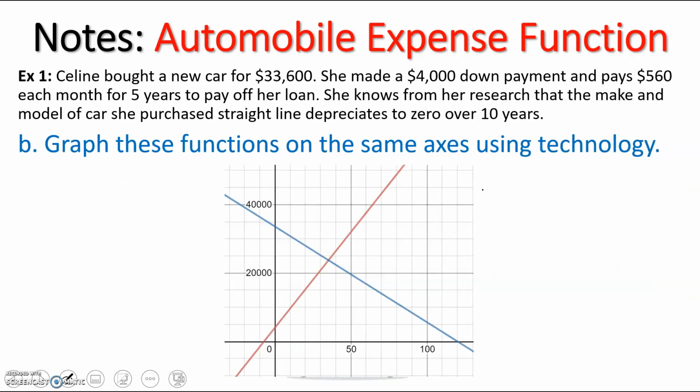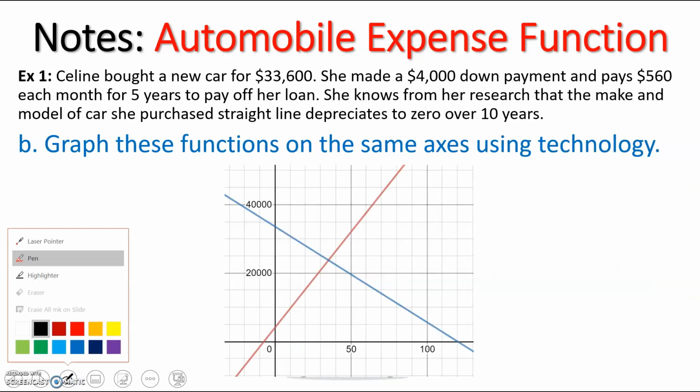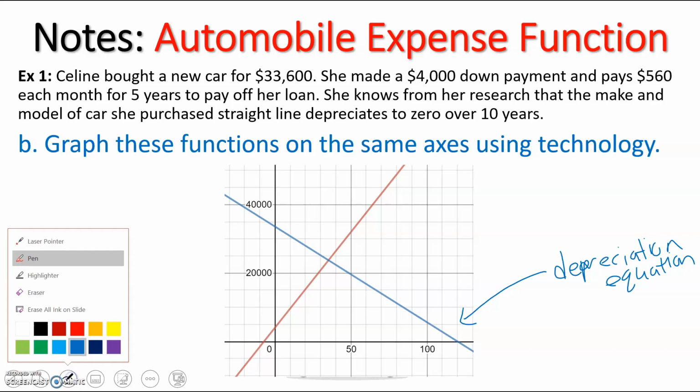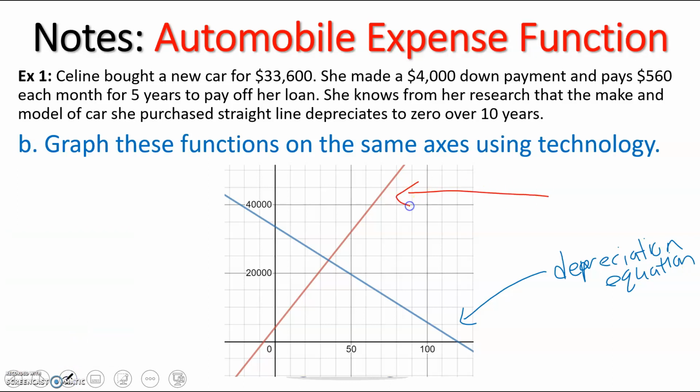All right, so we've graphed it. Now, I would note a couple of things. This blue one is our depreciation, which makes sense because remember, to depreciate means to lose value. And our red one is our expense, how much we've spent on the car.